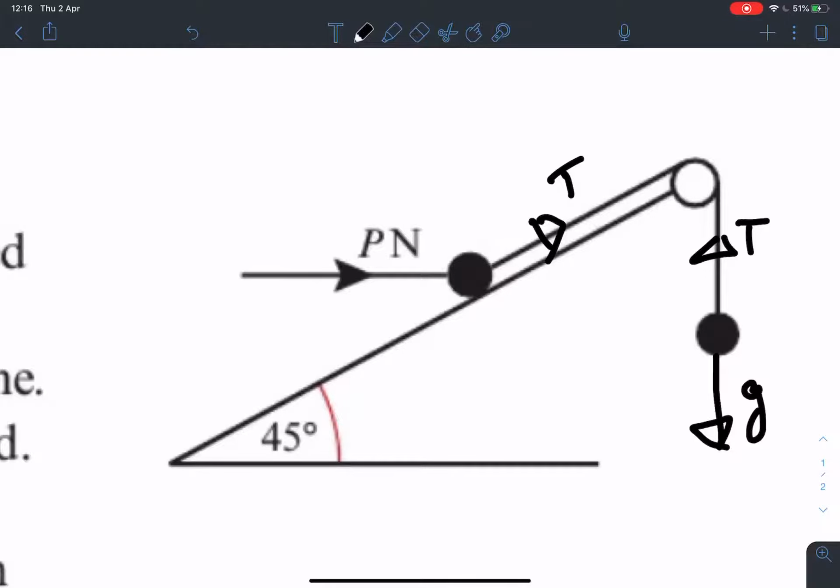On the 3 kilogram weight, we've got the tension, as we've already written in. We've got its weight acting downwards, which is 3G, and we will have a normal reaction to the plane R. Let's call this particle A, and this one B, so we can refer to them later on in the question.